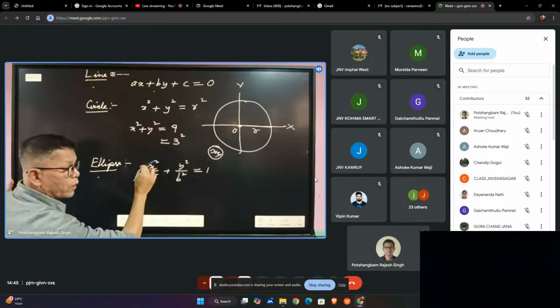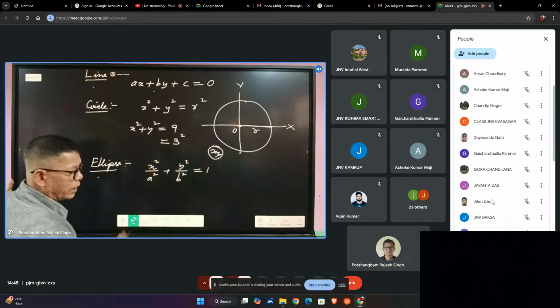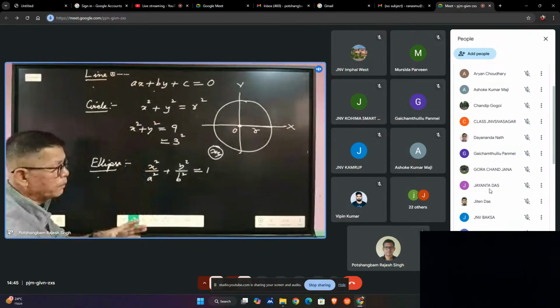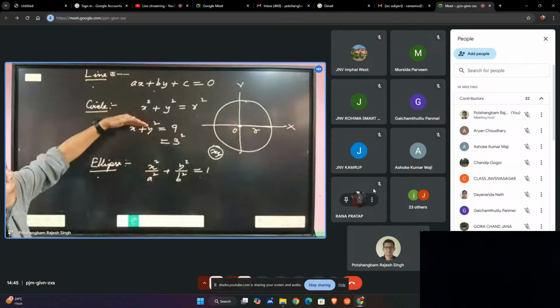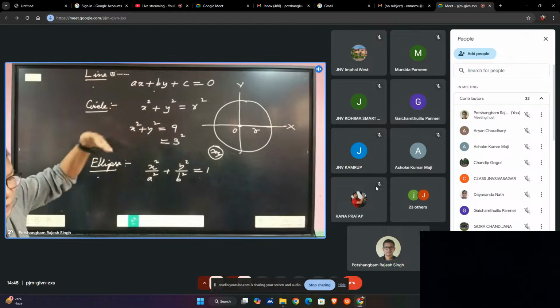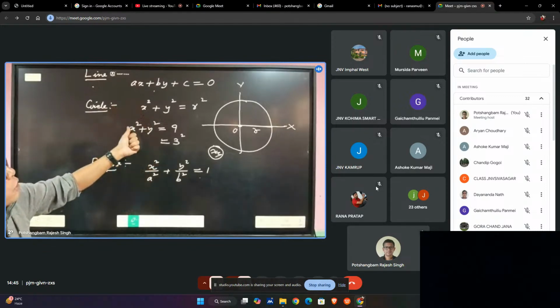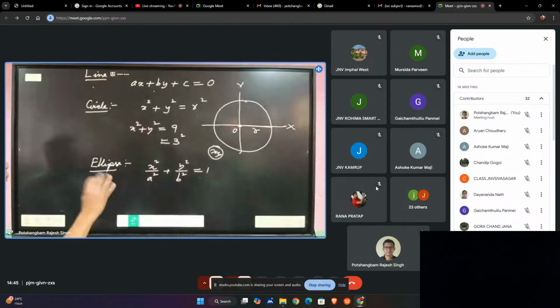If the coefficient of x squared is not equal to the coefficient of y squared, that equation represents an ellipse. Actually, the ellipse and the circle are very similar, so I am telling you how to tell the difference between them and identify clearly whether it is an ellipse or a circle.